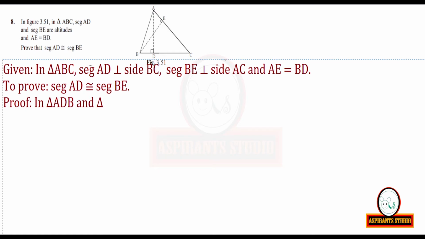Now we have triangles ADB and BEA. In that we have angle ADB to be 90 degrees and also angle BEA is 90 degrees. So measure of angle ADB is equal to measure of angle BEA is equal to 90 degrees.